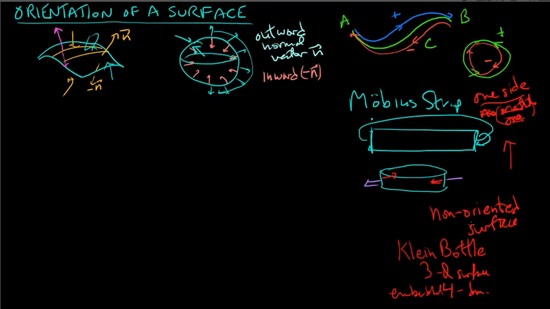There's a way around it if the Klein bottle intersects itself; look it up online and you can see an example. So we're done with that. All our surfaces will have an orientation from this point on, so don't worry about the Mobius strip or the Klein bottle. Those are essentially bad examples.